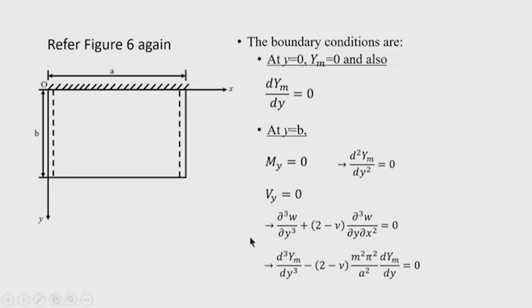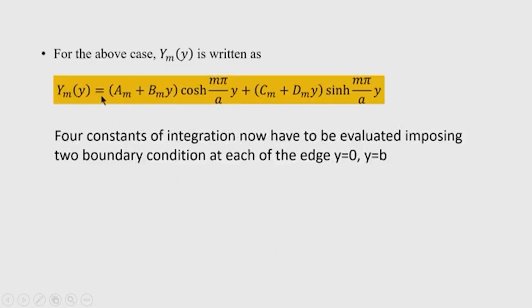In that case the full equation has to be retained, that means we cannot omit any terms. So, 4 constants are retained here, and therefore two conditions at each edge need to be imposed to find these 4 constants of integration from 4 algebraic equations. After applying the boundary conditions, the problem is a boundary value problem, and you can calculate the constants of integration.